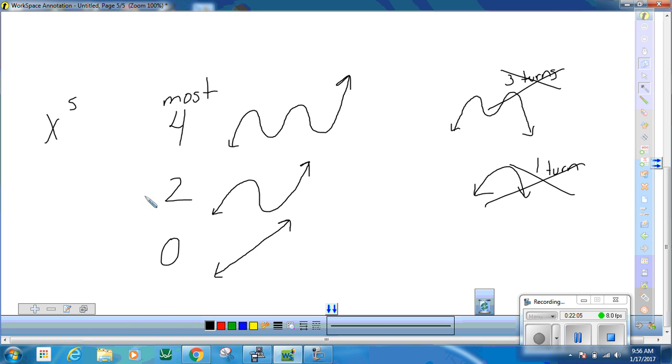So it could make 4 turns, 2 turns, or no turns, but these are all of the possible amounts of turns that a 5th degree polynomial could take. But to find the most possible, it's always just 1 less than whatever the degree is.